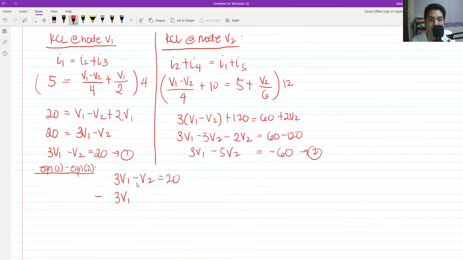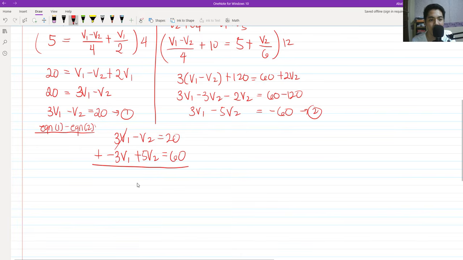Since this is a minus, the minus would be distributed, so we have 5V sub 2. Then the negative of negative 60 would be 60. Then proceed to addition. We distributed the minus sign so that this becomes negative, and we can see that this would cancel. Then we have 4V sub 2 equals 80. Therefore, V sub 2 is 20 volts.